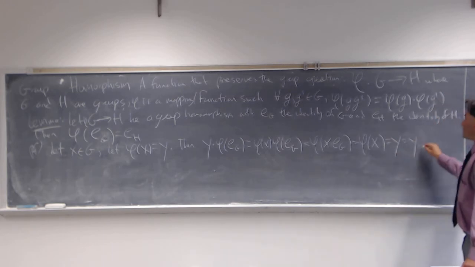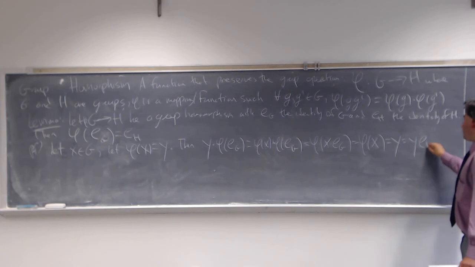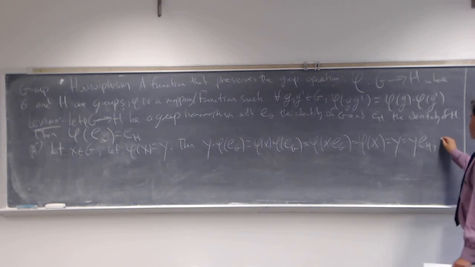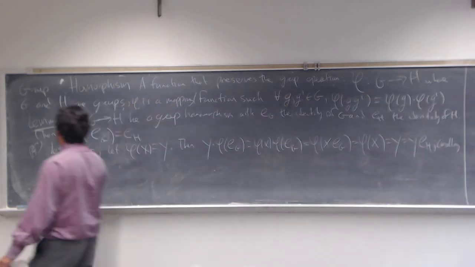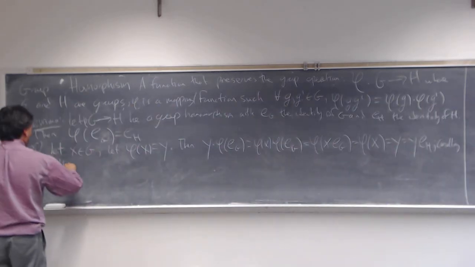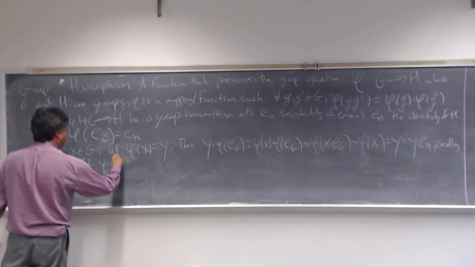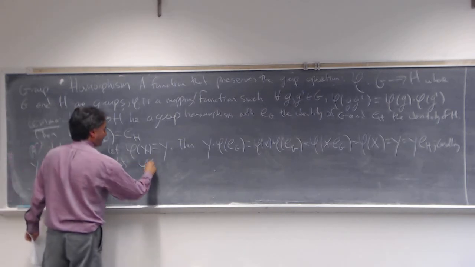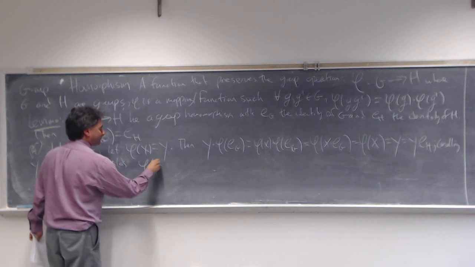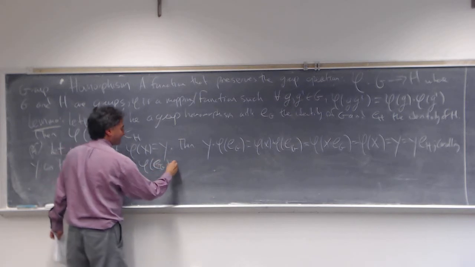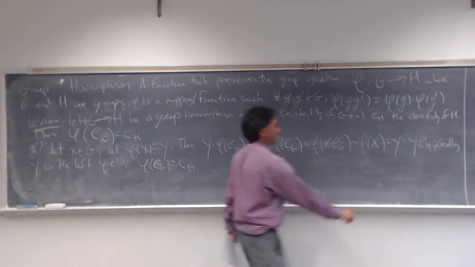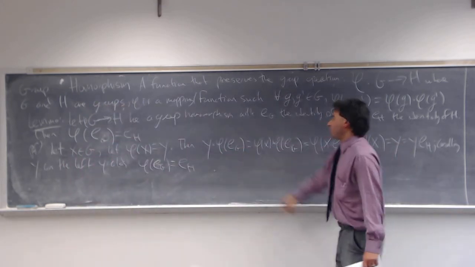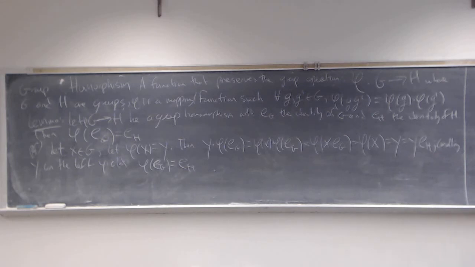And certainly y is equal to y times e sub H, and that does it. So canceling y on the left will immediately yield that phi of e sub G is in fact e sub H.